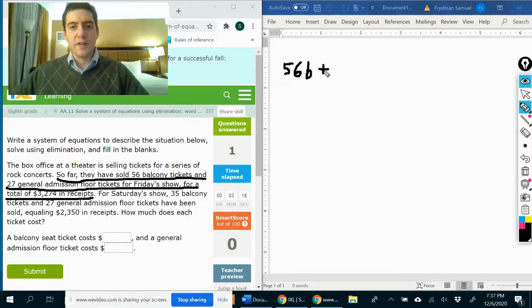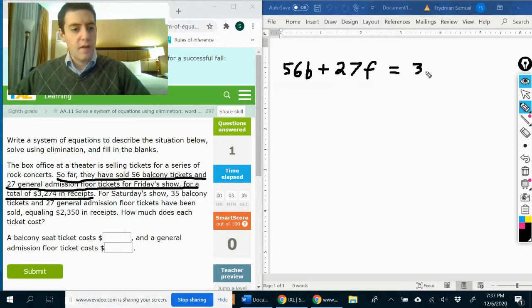So let's say that F stands for the price of a floor ticket, so 27 floor tickets would cost 27F. So the 56 balcony tickets that they sold plus the 27 floor tickets that they sold cost a total of $3,274. Okay, now let's move on to the next sentence here.